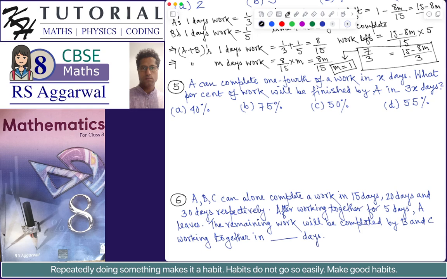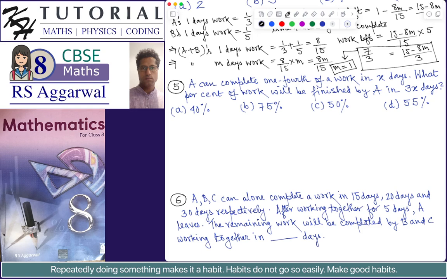It is given that A can complete 1/4 of a work in X days.